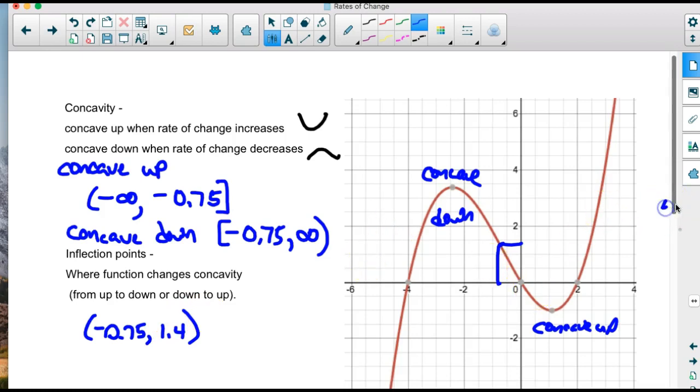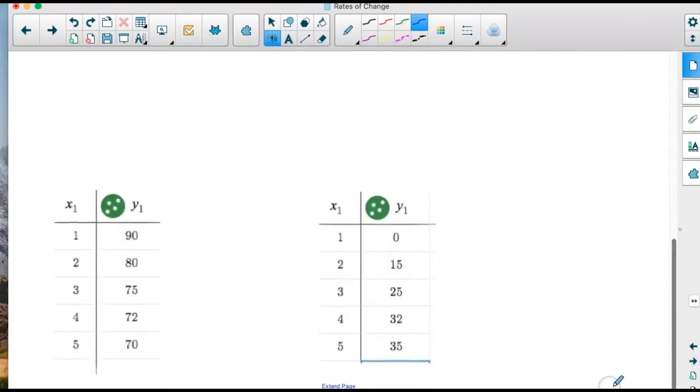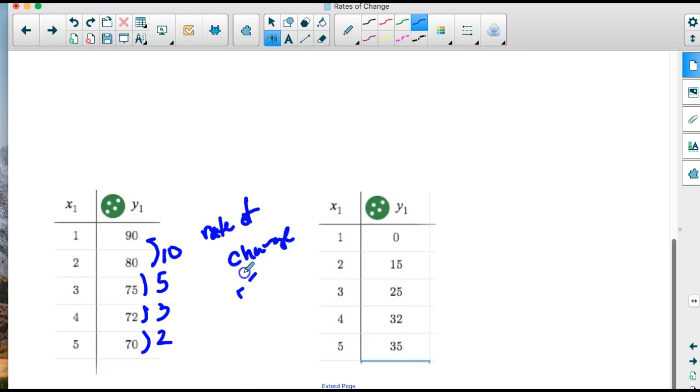Now, if we were using a chart like the charts we had before, we can tell concavity by how it increases or decreases. So here, this is 10 difference here. This is 5. This is 3. This is 2. So that's decreasing. It's going down, but the rate of change is decreasing.